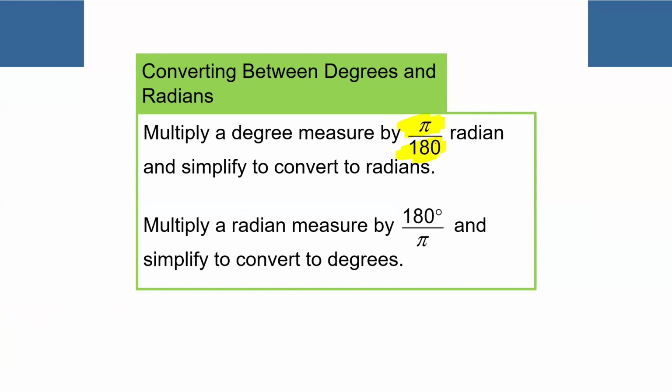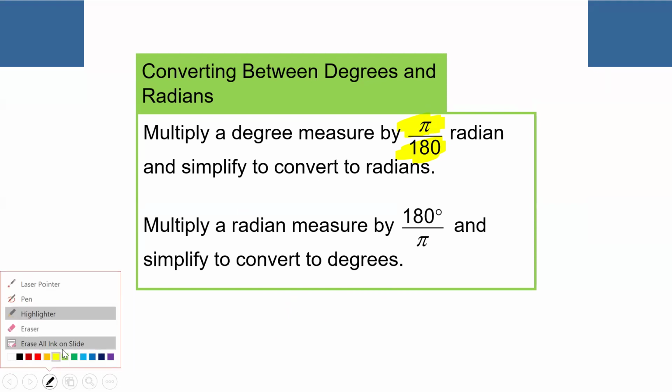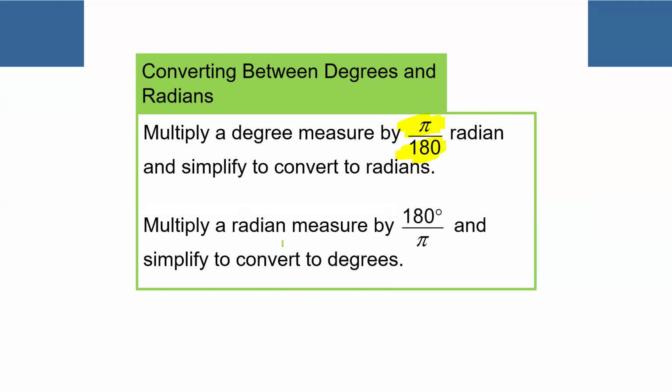When you're going the other way, from a radian to a degree, you're going to multiply by 180 over pi.